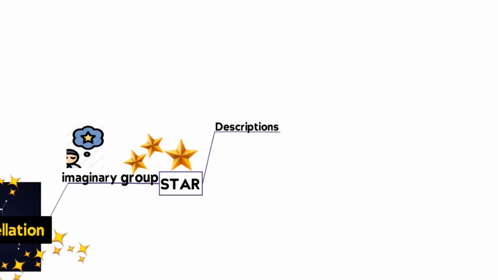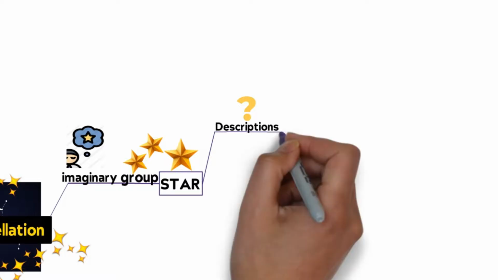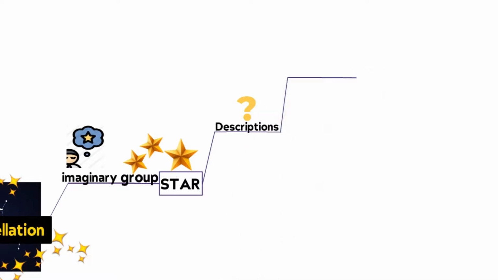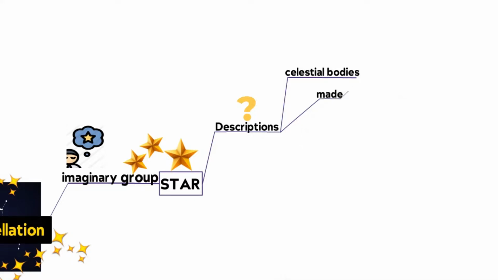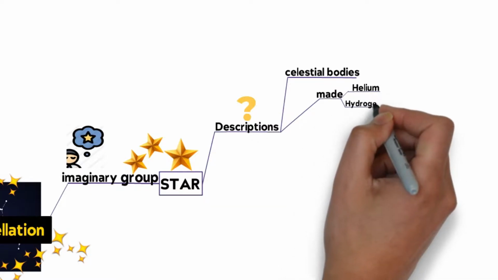Stars are huge celestial bodies made mostly of helium and hydrogen.